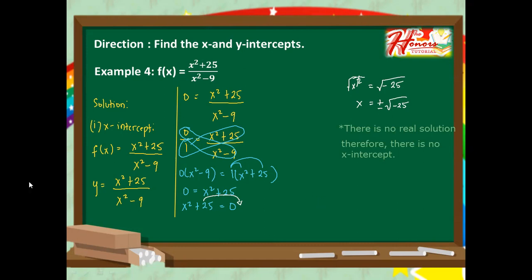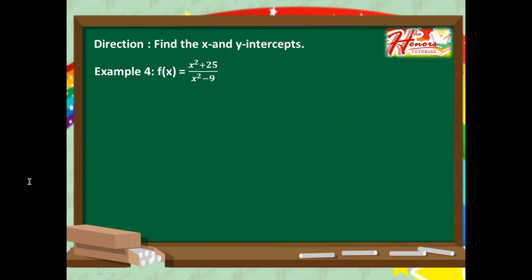Next, let's solve for the y-intercept here. For the y-intercept, let's write y-intercept first. Copy the given first, and that is f of x is equal to x squared plus 25 over x squared minus 9.